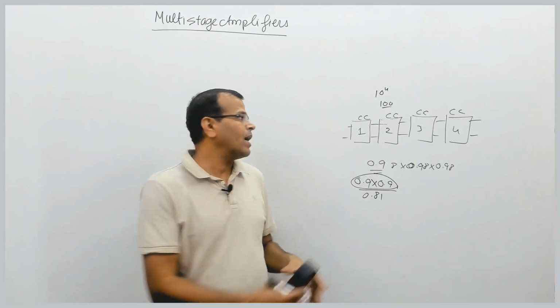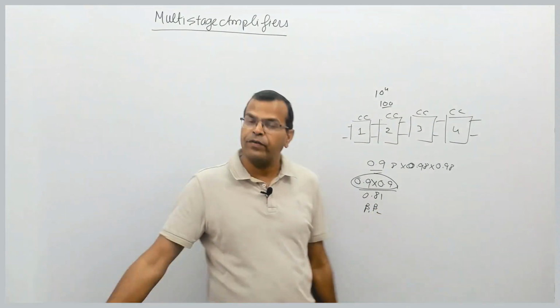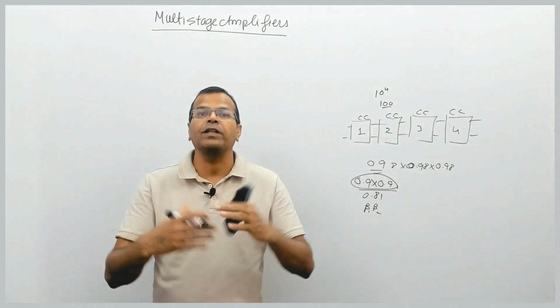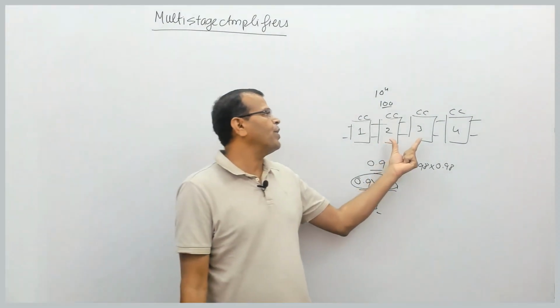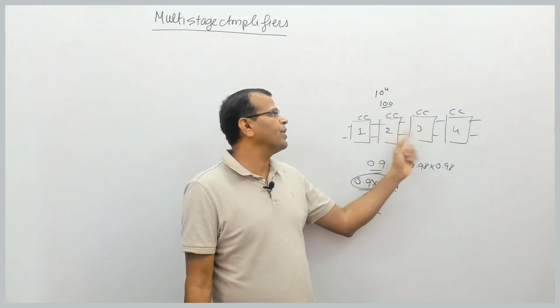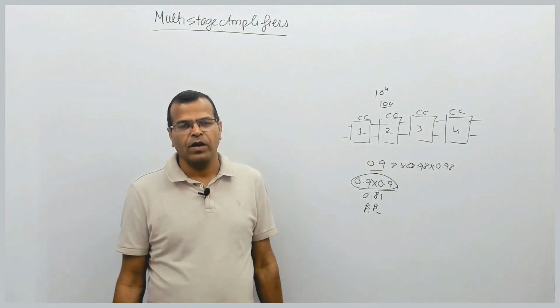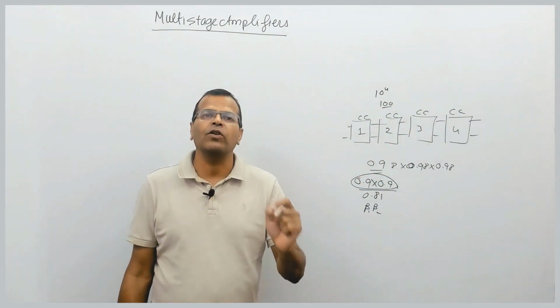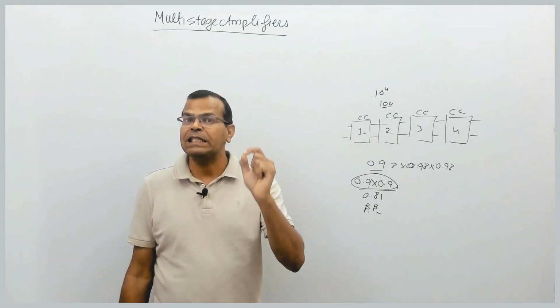Of course, the current gain is the multiplication of the stages, so current gain will increase, but voltage gain will decrease. Because of that characteristic, we don't make use of common collector configuration in intermediate stages of a multi-stage amplifier.